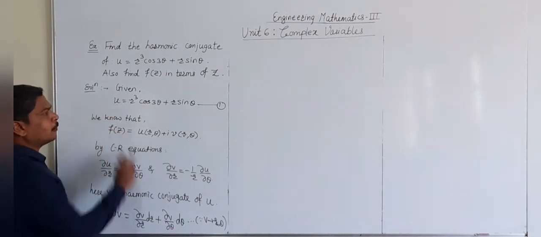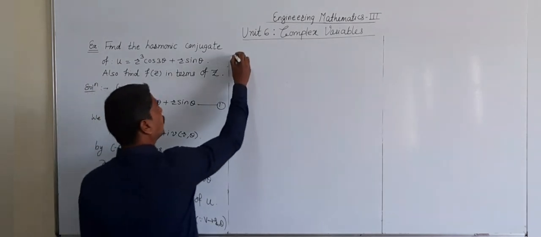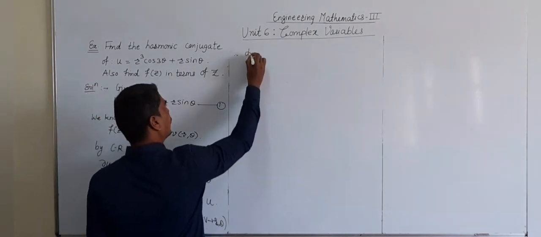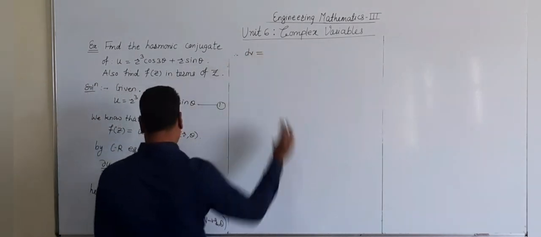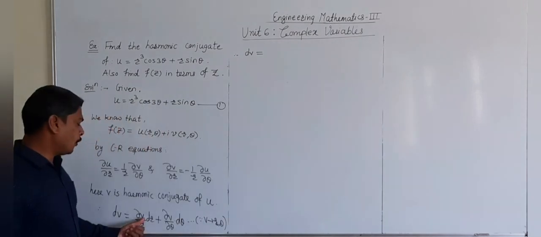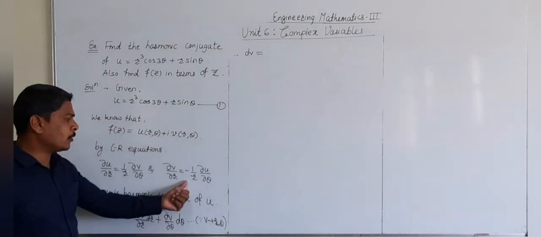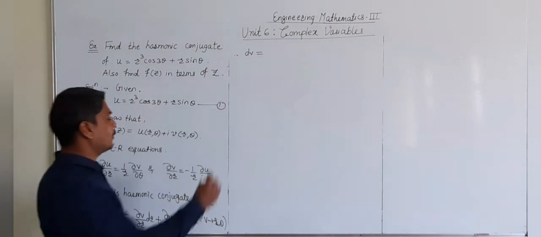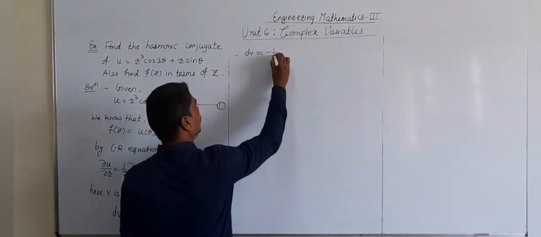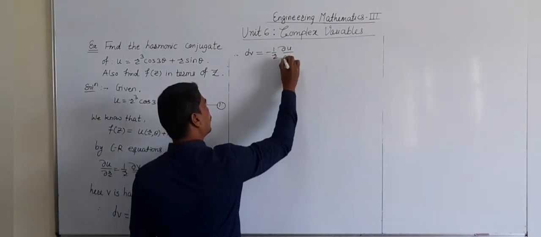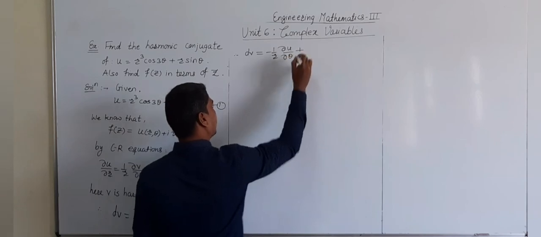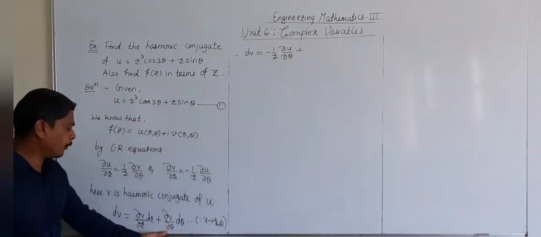But we are given u, so by the CR equation, the derivative of φ is, in terms of u, minus 1 upon r times the partial derivative of u with respect to θ, plus the partial derivative of φ with respect to θ.